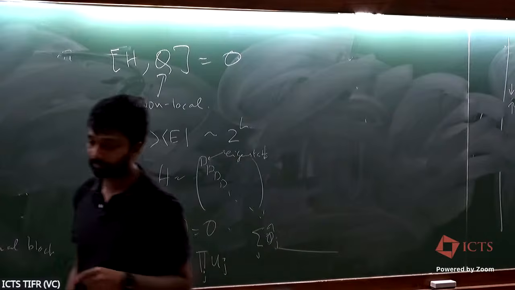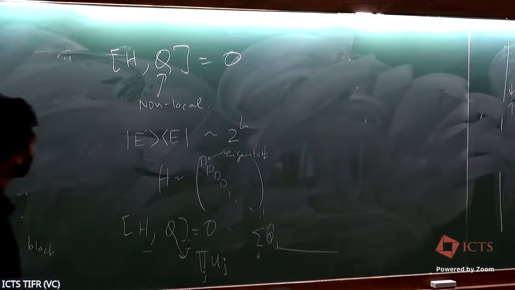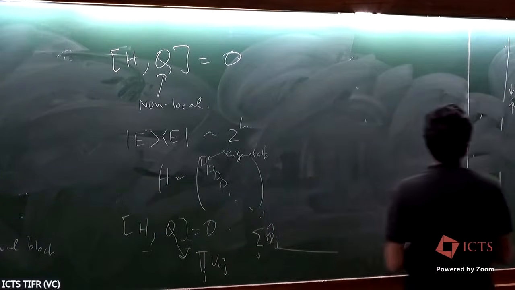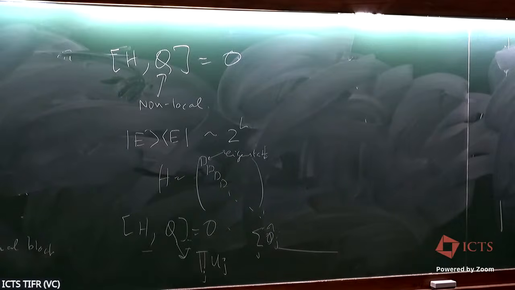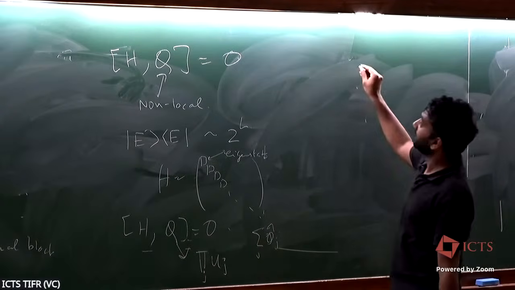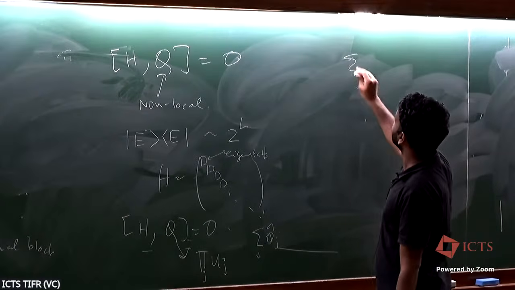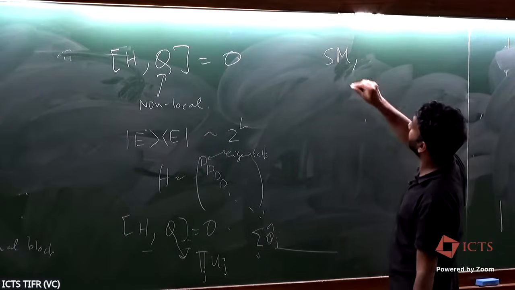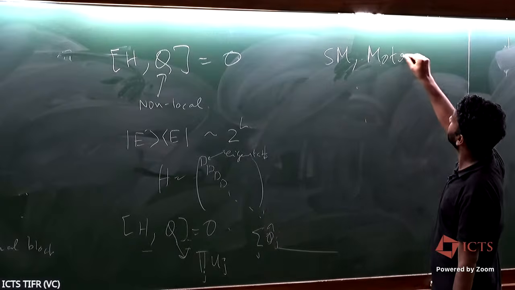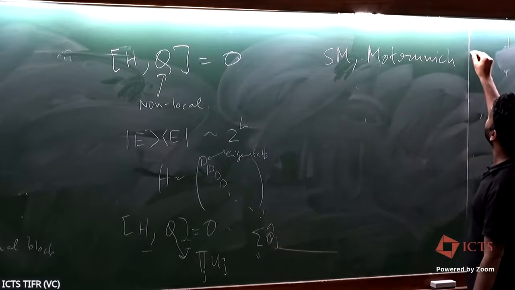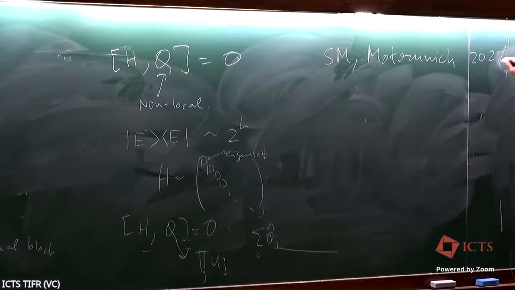This is what we started thinking about with Lessig-Motrenik at Caltech. Maybe I can just state the key idea and then go into more details tomorrow. This is work done by myself and Lessig-Motrenik in 2021 or 2022.